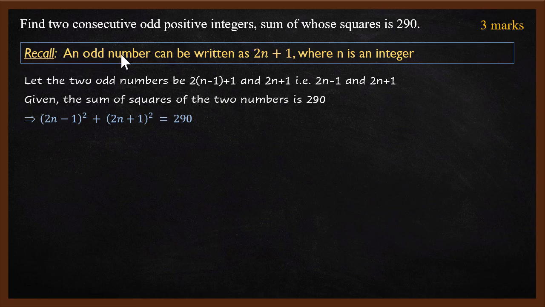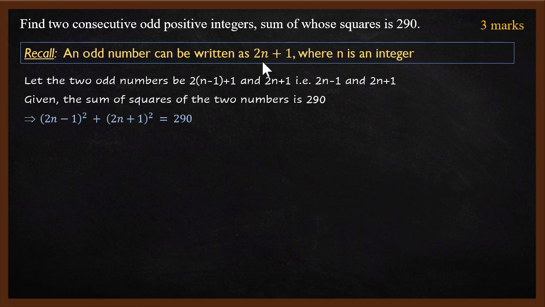If you think of it, any odd number can be written as 2n plus 1, where n is an integer. So 2n plus 1 can be written for any odd number. An even number can be written as 2n. For example, if you substitute the value of 1 for n, you will get 3.